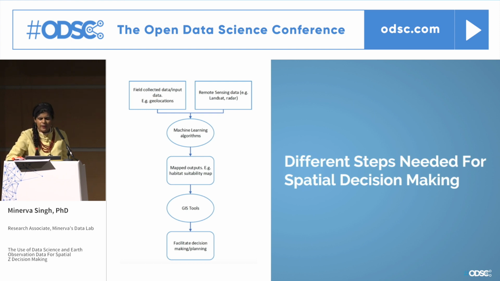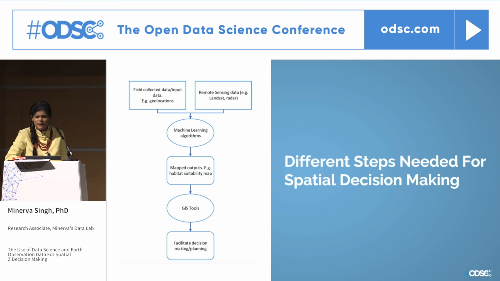These can be anything from geolocations of birds, the way I collected them in Cambodia, to say district-level poverty estimates a colleague collected in Thailand, that we combine with remote sensing data, for example Landsat or radar or a combination. We apply a machine learning algorithm, something like random forests or support vector machines, and obtain mapped outputs, for example a habitat suitability map that you saw before.